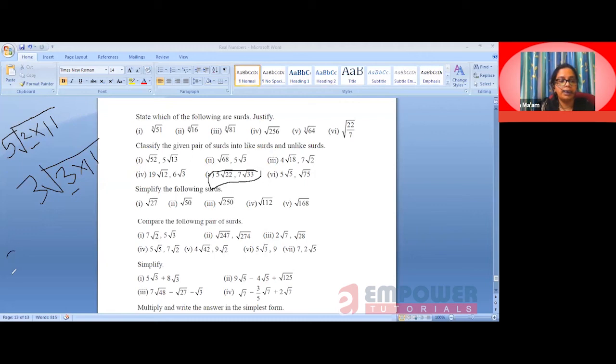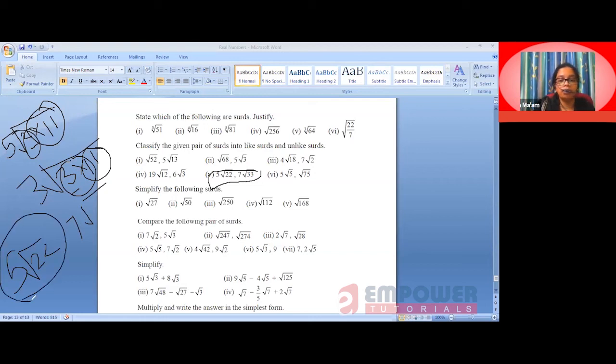So this will be in this form only. These are unlike surds, and you were right. So don't get confused. I know you will get confused because 11 is common between the two, but 2 is not a perfect square and 3 is not a perfect square, so this number will stay under the square root.